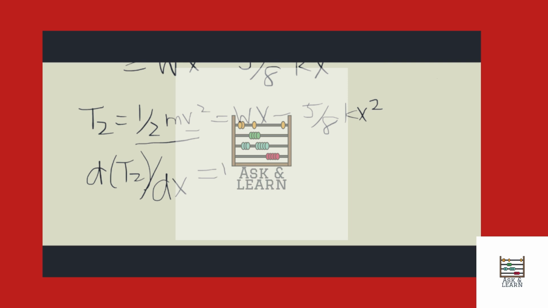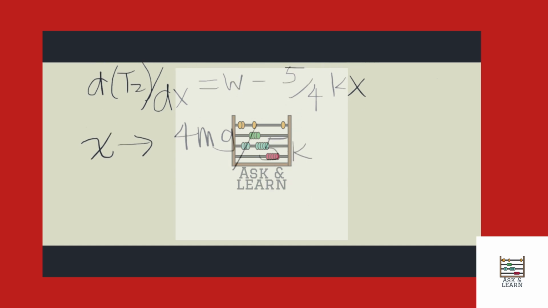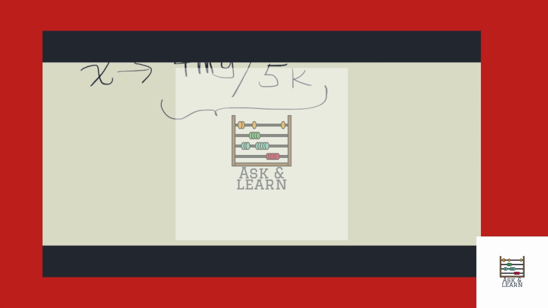This gives us W minus 5/4 kx. Solving for x, we get x equals 4mg over 5k, and this is the position at which we have the greatest kinetic energy. Using this x value, we can plug it into the equation for kinetic energy and work to solve for our velocity.